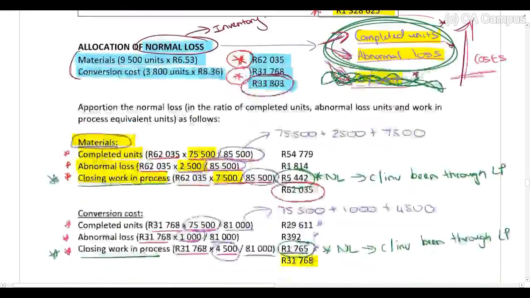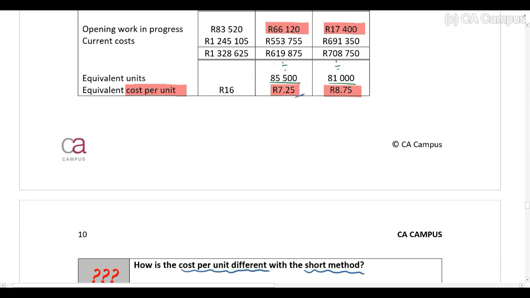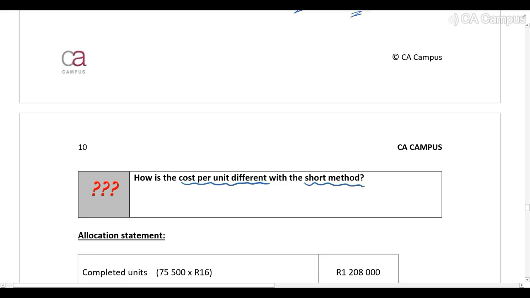Now with the short method, you'll see our inventory is being valued at a higher amount. The inventory cost per unit is higher. And why is the inventory cost per unit higher? It already includes the normal loss.